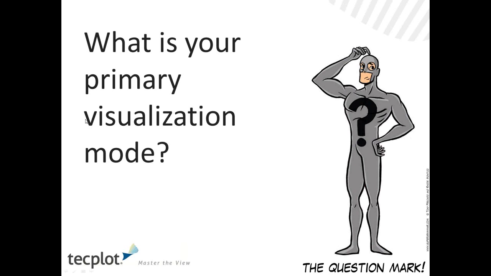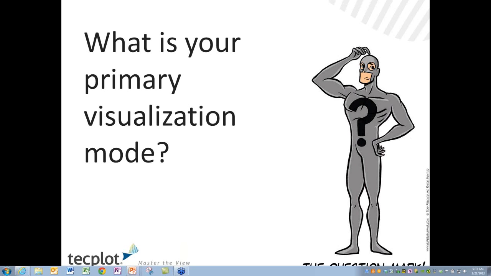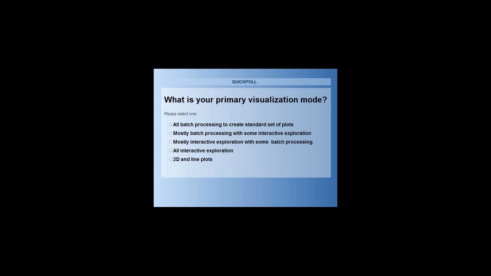So what we want to understand from the work you're doing today, in the context of how you work primarily, and again, you may shift between these paradigms, is whether your processing is primarily batch, more or less all batch? You don't do anything interactively? Is it batch processing where you occasionally go in and look at a case, get a standard view, but more or less stay out of that mode?